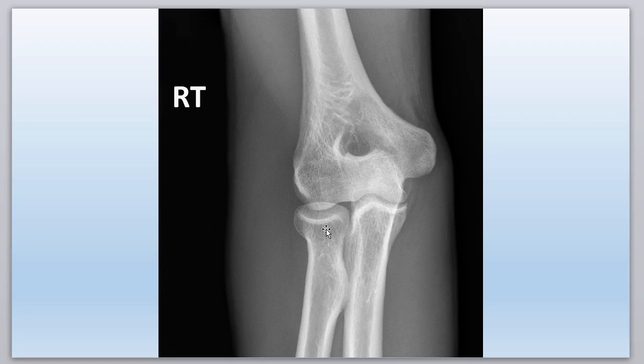Now when you flex your elbow, remember this head fits into a groove in here. Can't really see that groove. Same for this point right here. That's the coronoid process.